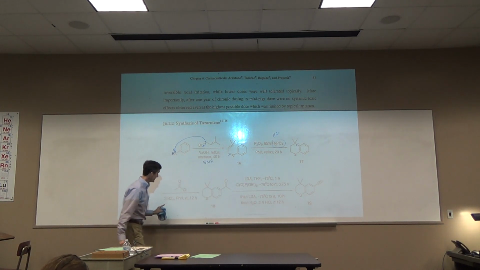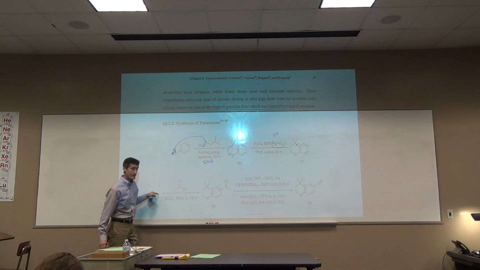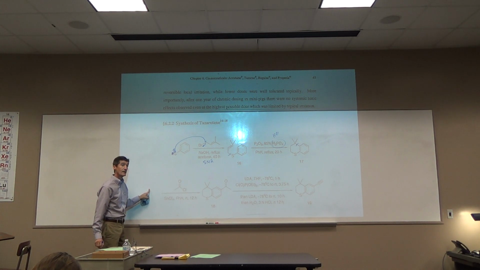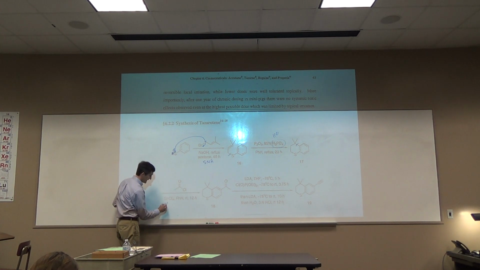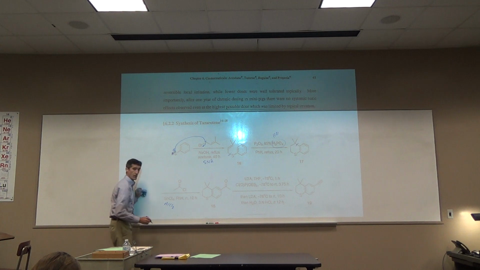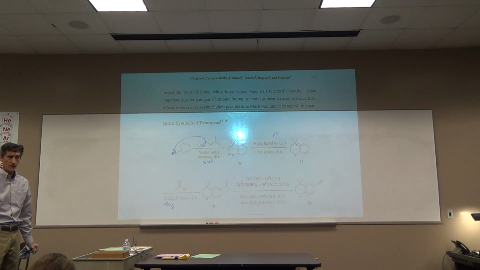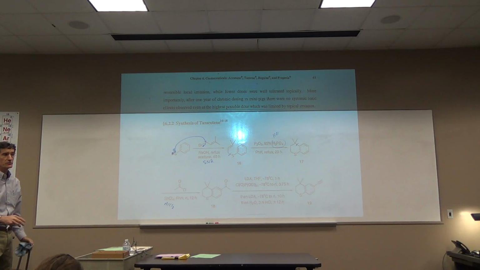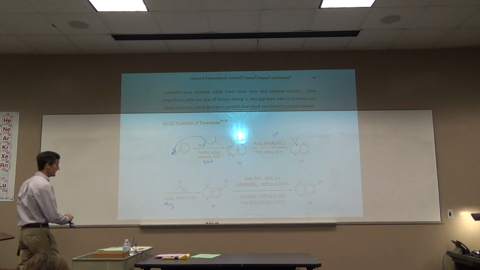And what do they do next, though? 17 to 18, what are they doing here? Now, this is just the same as this. We used FeBr3, aluminum Br3, okay. There are others you can use, and what other is tin?